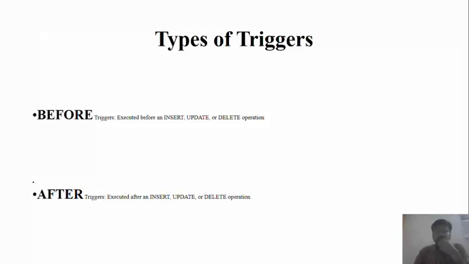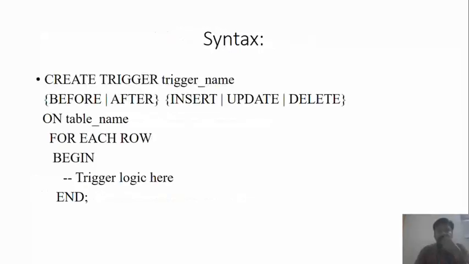So whenever we are using triggers, there will be an execution path of DML commands. If the trigger exists before insert, update, delete, we call it a before trigger. If it exists after, we call it an after trigger.